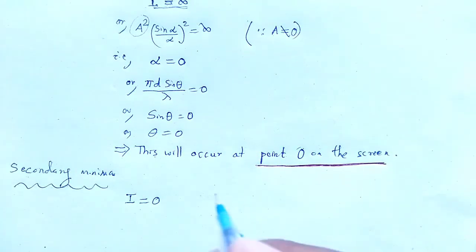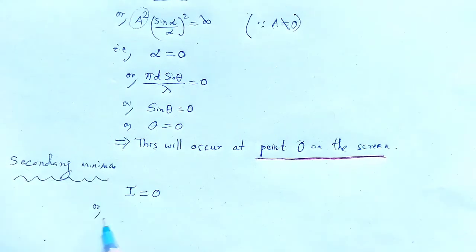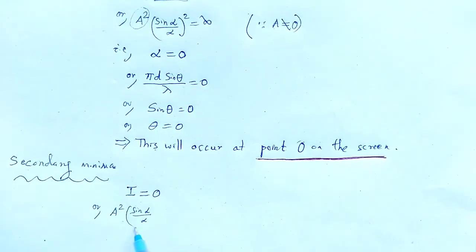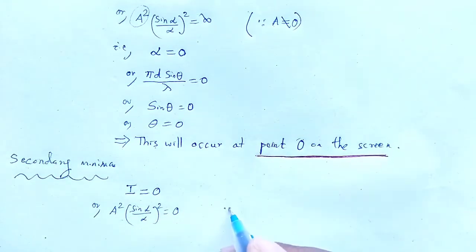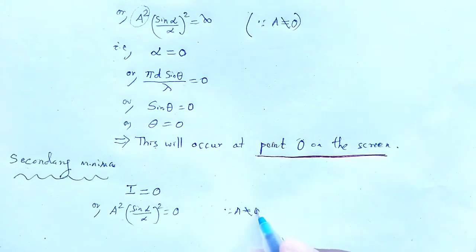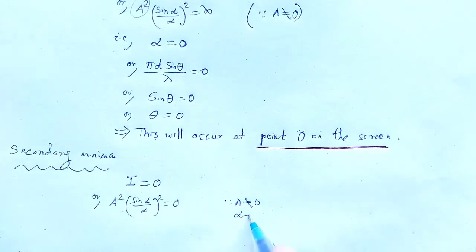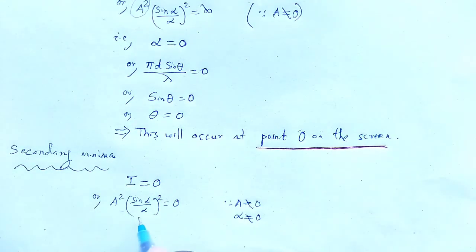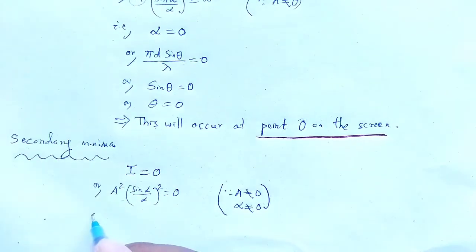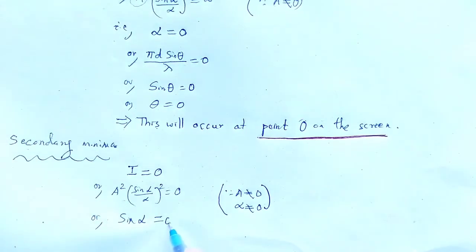Here we use the expression A square sin alpha by alpha square is equal to 0. So amplitude not equal to 0 and alpha again not equal to 0. If alpha is equal to 0, then the intensity will be maximum. Therefore the term sin alpha must be equal to 0.